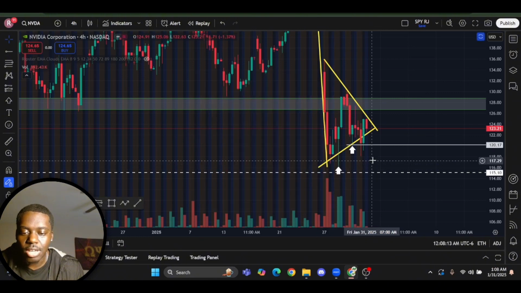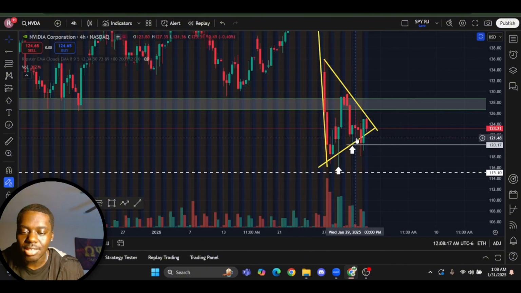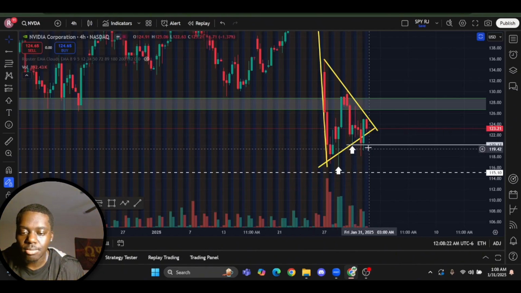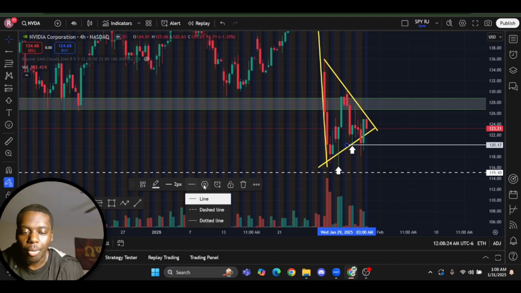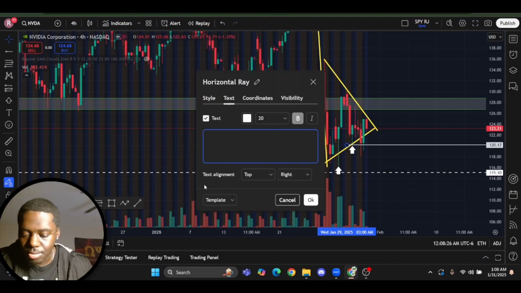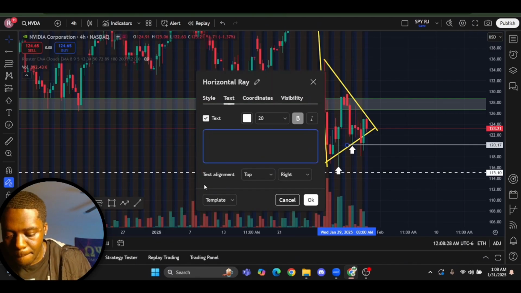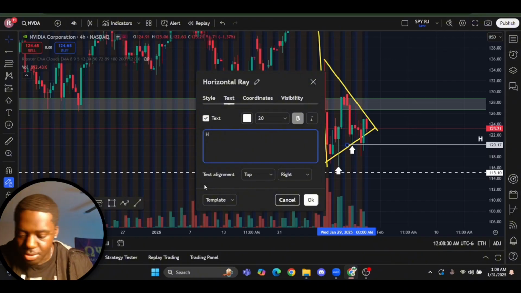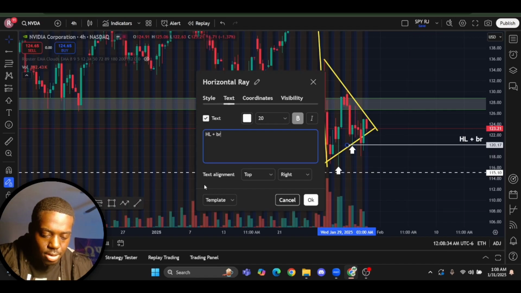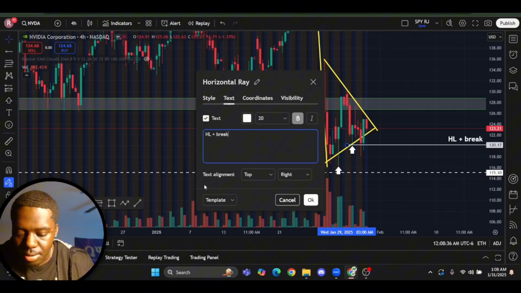And also, if you take a look at our trend lines here that makes our pennant pattern, this same place is where the triangle breaks. So here, I'm going to label this HL. So it's a higher low, and it's the breakout.